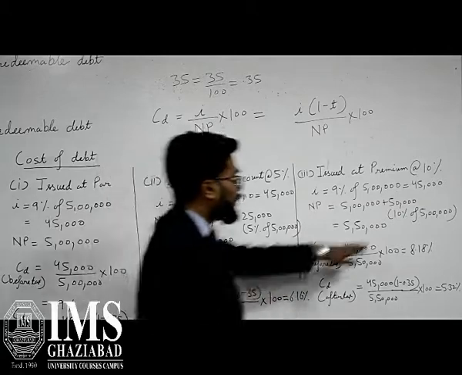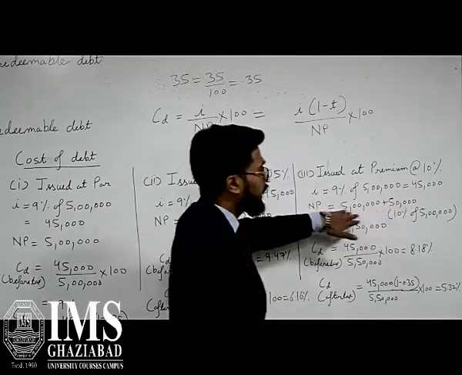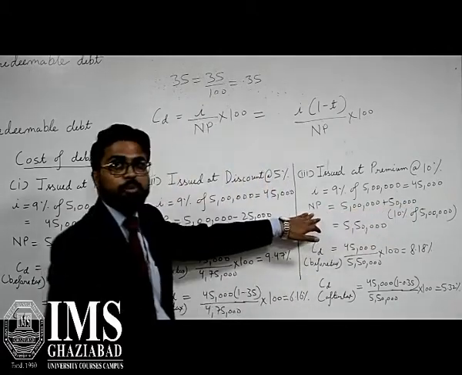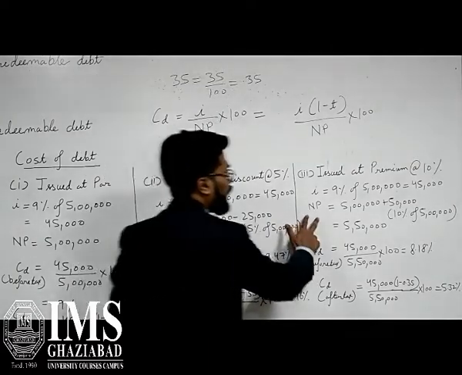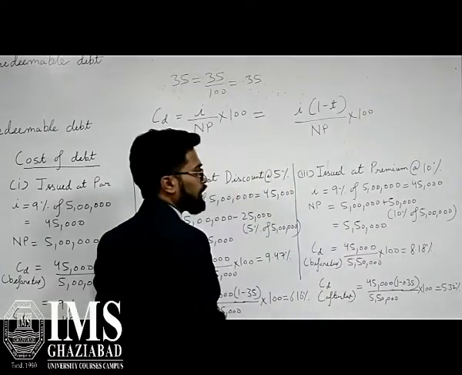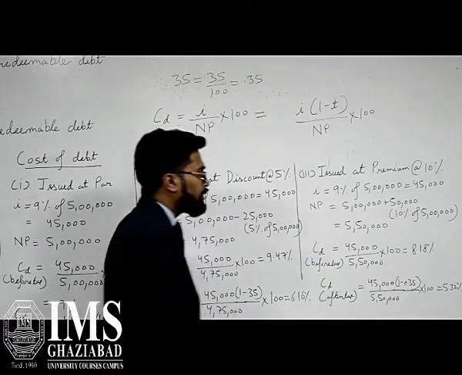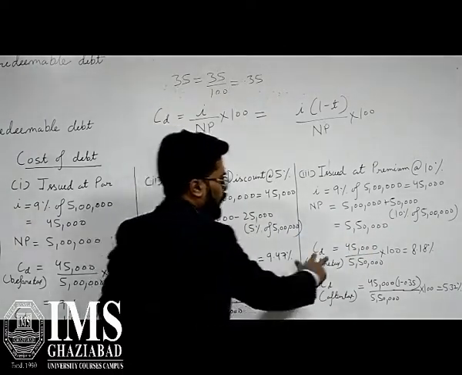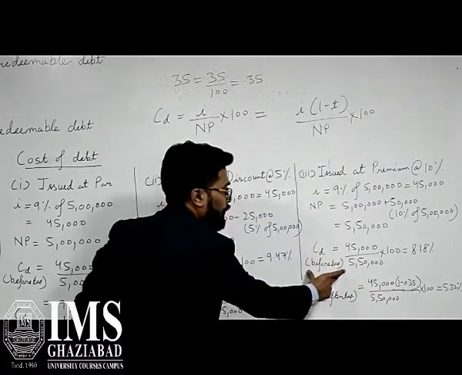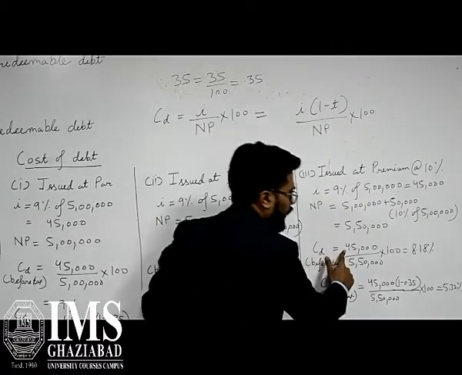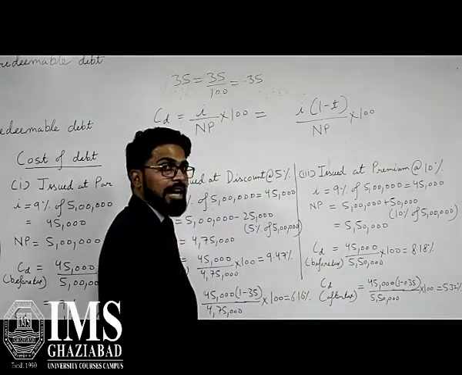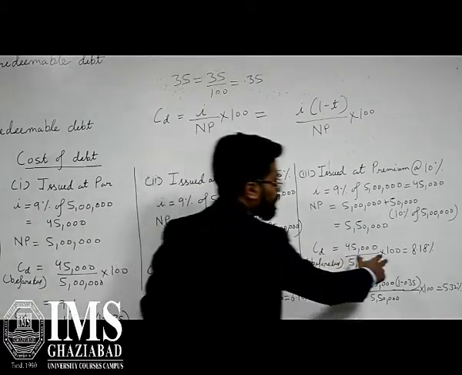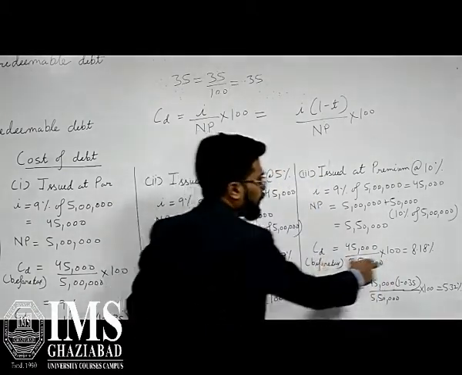We are receiving extra money, which we add to the net proceeds, so the net proceeds increase by rupees 50,000. The total net proceeds is rupees 5 lakh 50,000. Now calculating cost of debt before tax: 45,000 divided by 5 lakh 50,000 into 100.